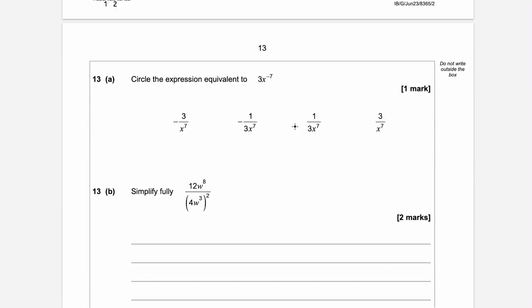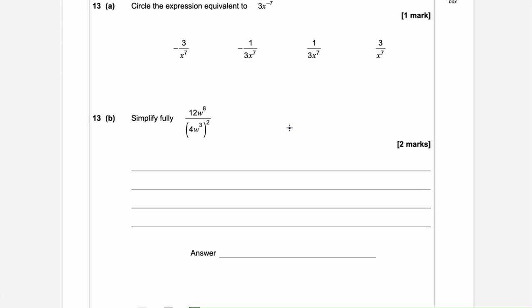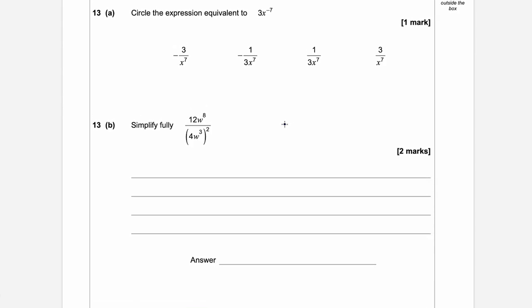Okay, question 13. Circle the expression equivalent to this. Okay, I would argue, guys, at this stage in further maths, you should know what this is. X to the minus 7 is 1 over x to the 7, so 3x to the minus 7 is this. Okay, part B. Simplify fully this thing. So this is 12w to the 8 over 4 squared is 16, so we need to put 16 here.